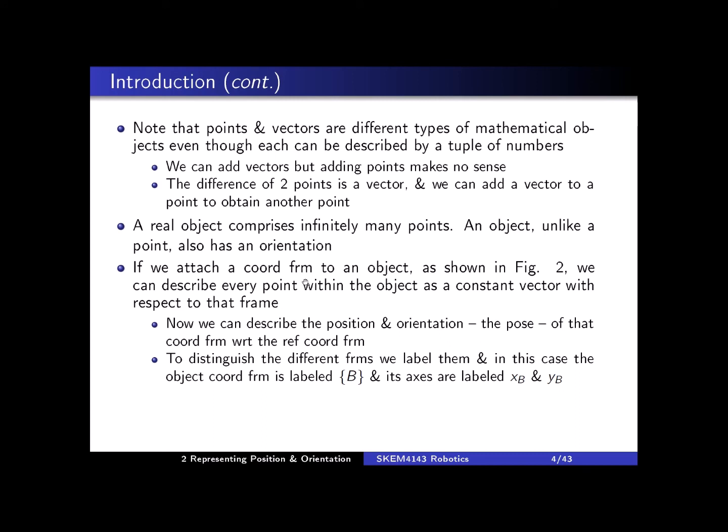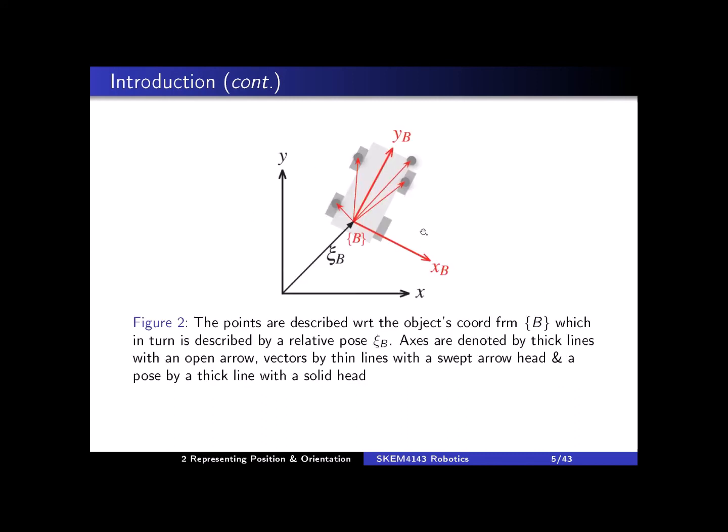So if we attach a coordinate frame to an object as shown in figure 2, imagine this is your mobile robot. This is the coordinate frame. It can be a reference coordinate frame, and as we will see later, this is also known as the world coordinate frame, which does not move. And attached to our object, in this case a mobile robot, we have this body attached coordinate frame.